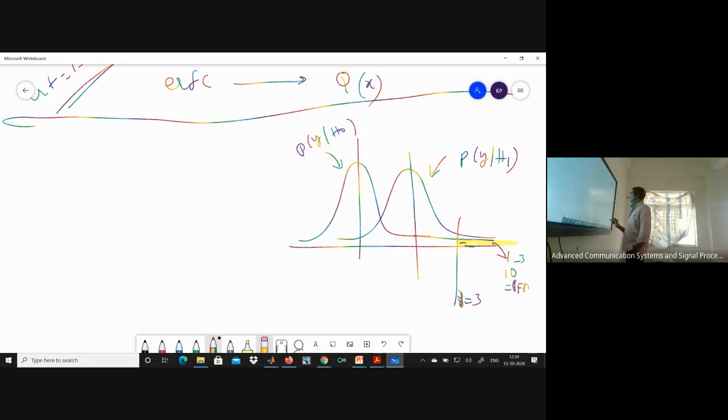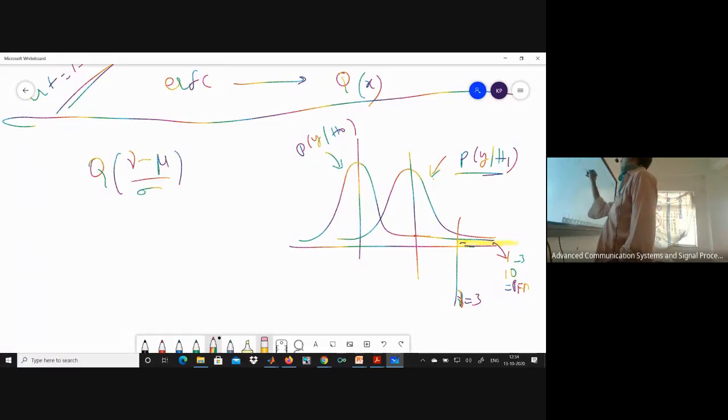Now I would like to calculate the area under this curve. That means now for this particular case, Q of gamma minus mu by sigma. So Q of gamma minus mu by sigma is equal to, you are supposed to substitute the gamma value 3 in this integration.